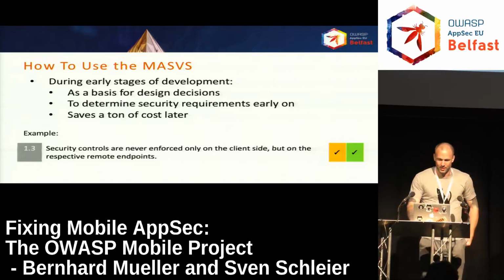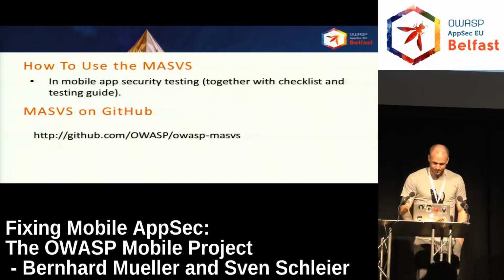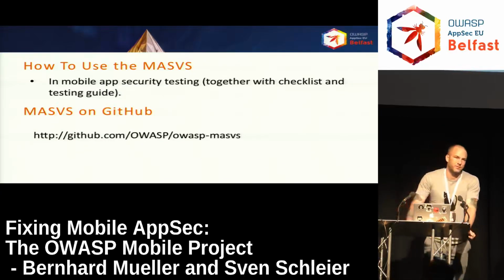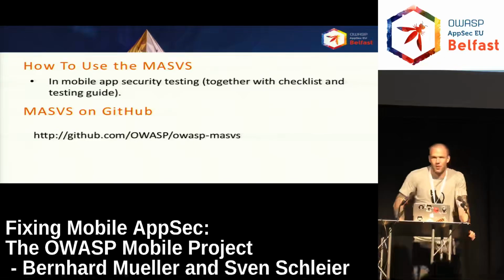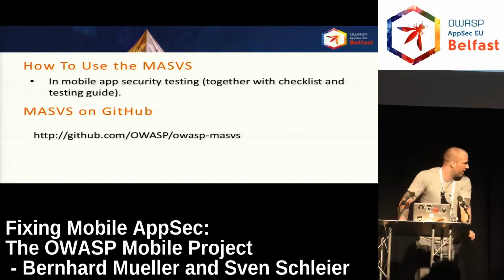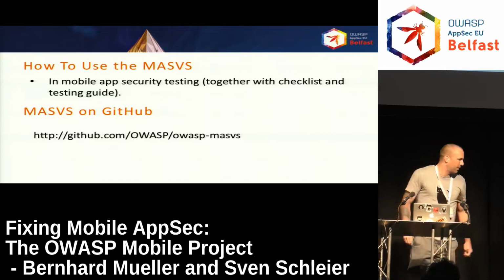And this can be avoided. Another way to use the MESVS together with the testing guide and checklist is in traditional mobile app penetration tests. And for this I will hand over to Sven.